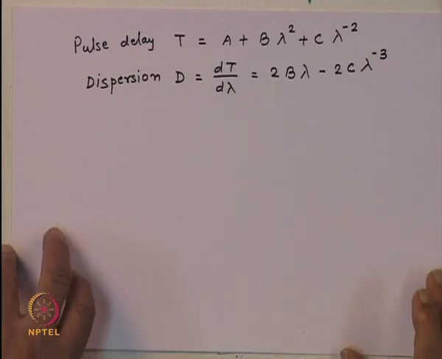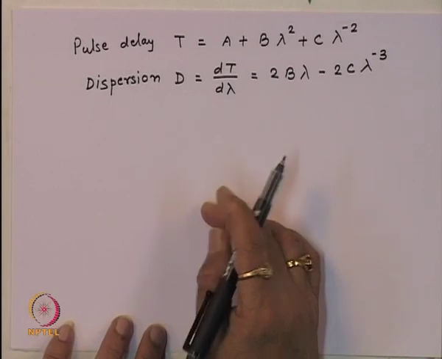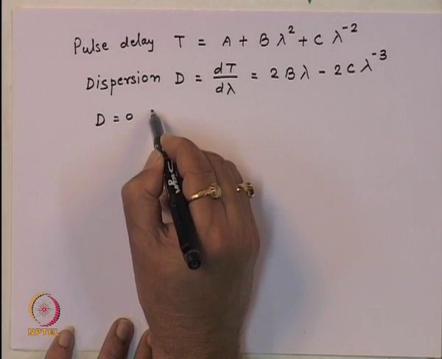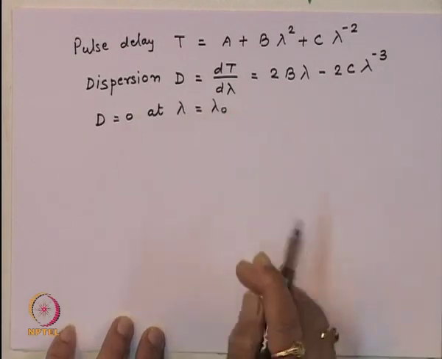Now, it is given that at wavelength lambda 0, the dispersion is 0. That means D is equal to 0 at lambda equal to lambda 0.